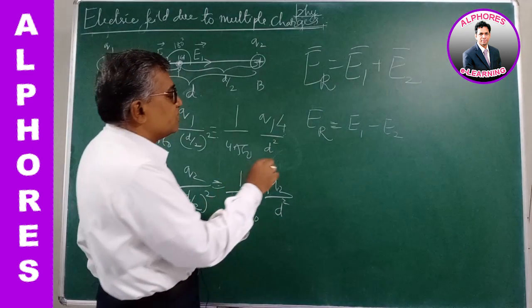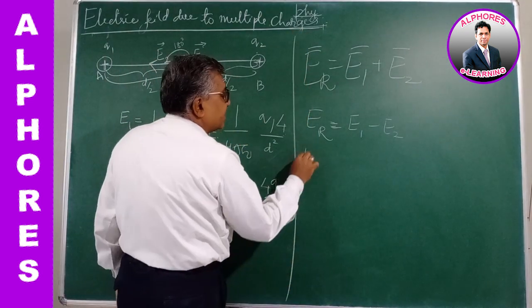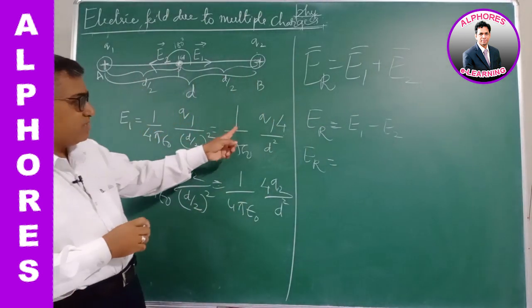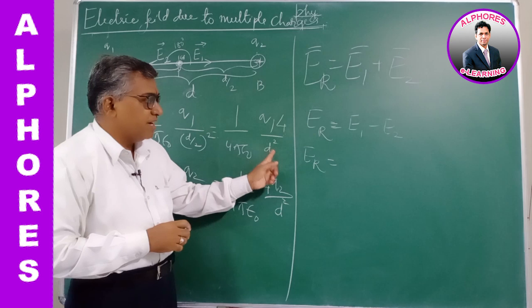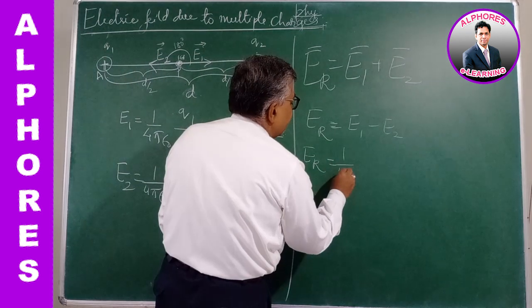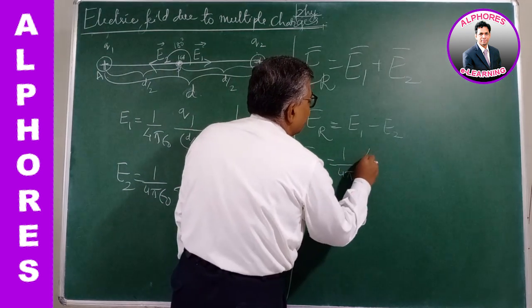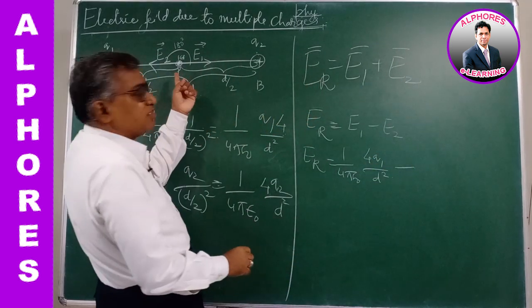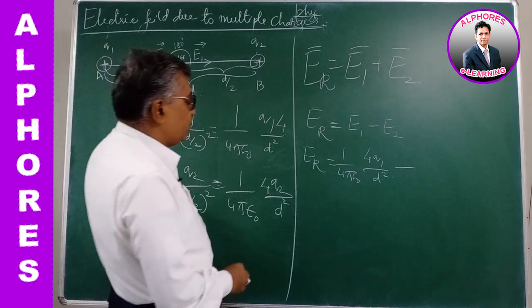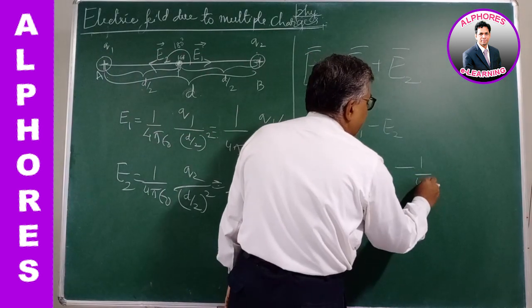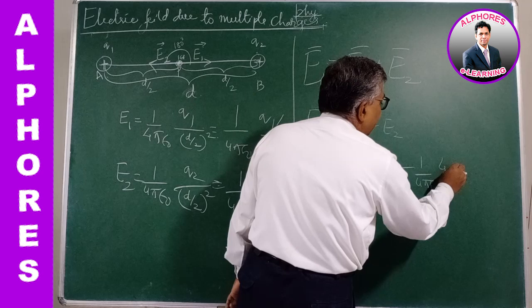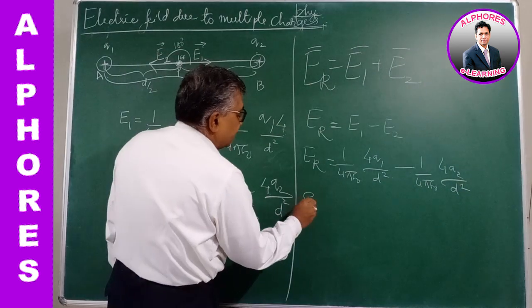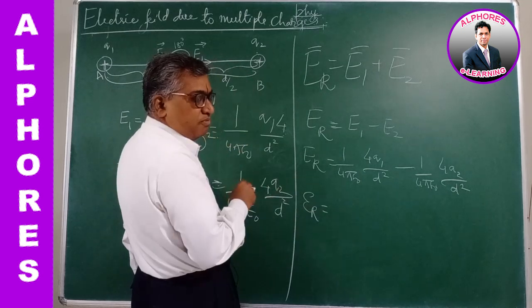So the resultant electric field intensity ER is equal to E1. We have got E1 as 1 by 4 pi epsilon naught 4q1 by d square, minus, since the direction is opposite, the field due to the second one, 1 by 4 pi epsilon naught 4q2 by d square. So the resultant electric field magnitude we are finding.